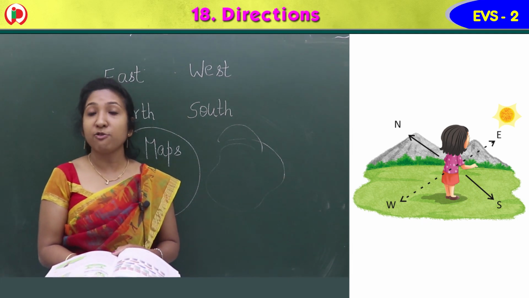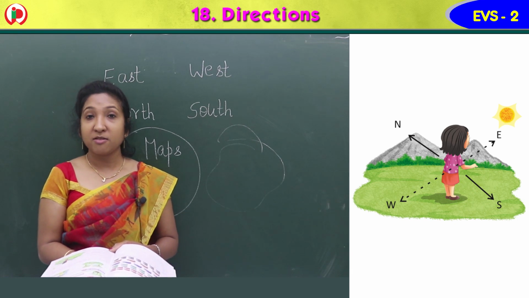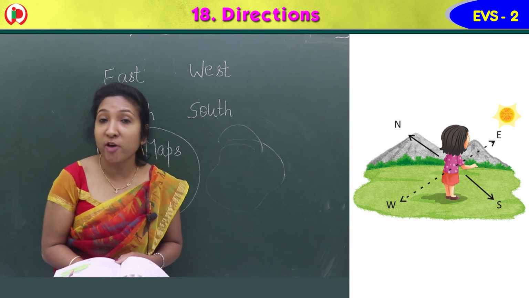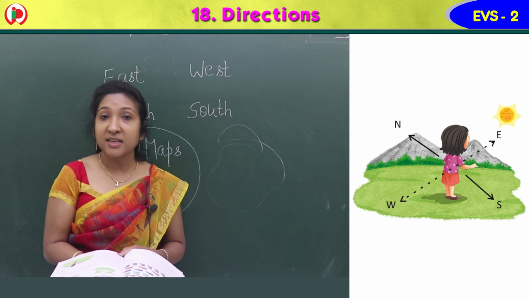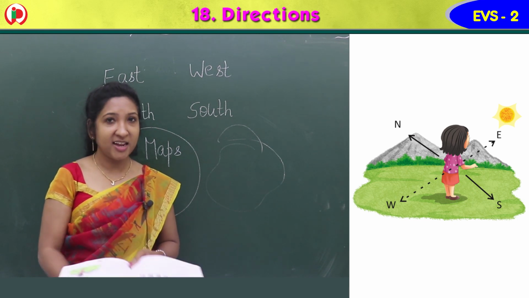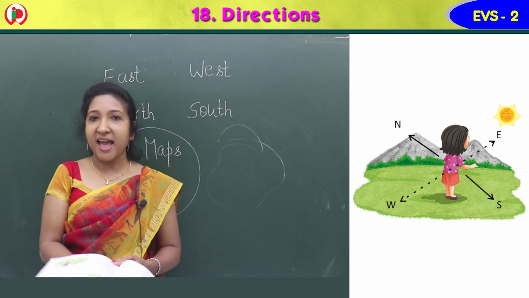This way you can find or locate the directions very easily. So today or tomorrow morning you can try this. Stand in front of the rising sun, stretch your arms and see the directions.